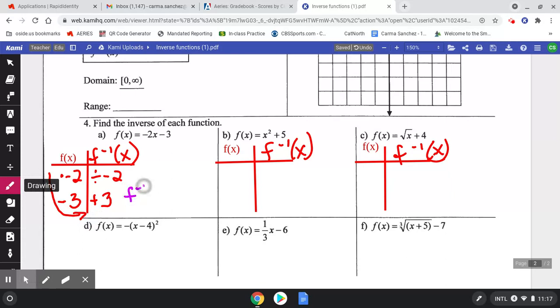f of -1 of x equals, get that base x ready. The first thing that's happening to it is that we're adding 3, and then last we're dividing by -2. You can write it as divided by -2, or you can write it like we did in class, as times -1/2.